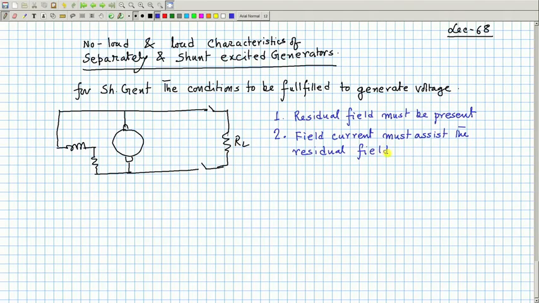And third point is that the field circuit resistance must be below a critical value.